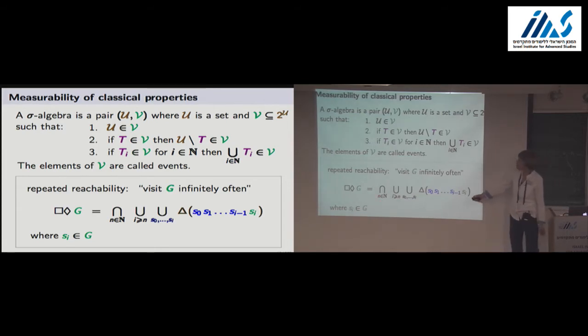And what we do here, infinitely often G, the idea to describe it as this set of infinite paths is, if some infinite path enjoys this property infinitely often G, then for all positions n, there is some position i greater or equal n where we visit a state in G. So that's the way you can read this formula here.